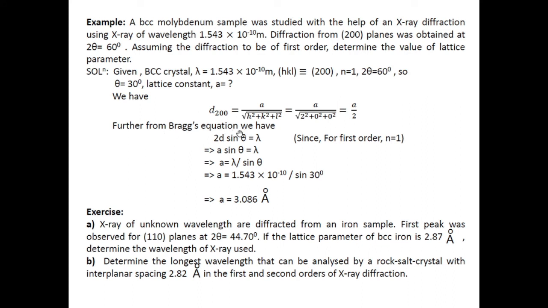Further, from Bragg's equation, 2d sine theta equals lambda since n equals 1 for first order reflection. So a sine theta is lambda, and a equals lambda by sine theta. Putting in the values of lambda and theta, you will get a equals 3.086 angstrom.